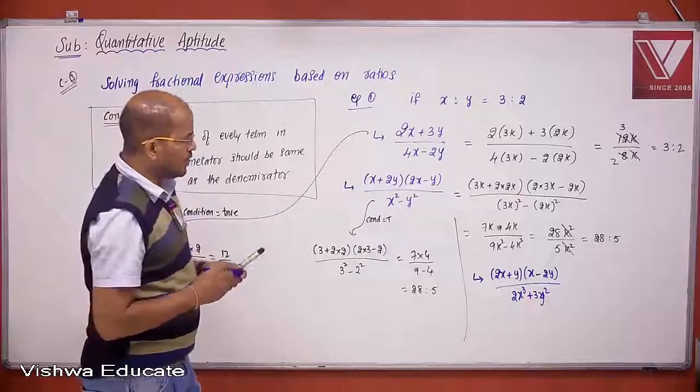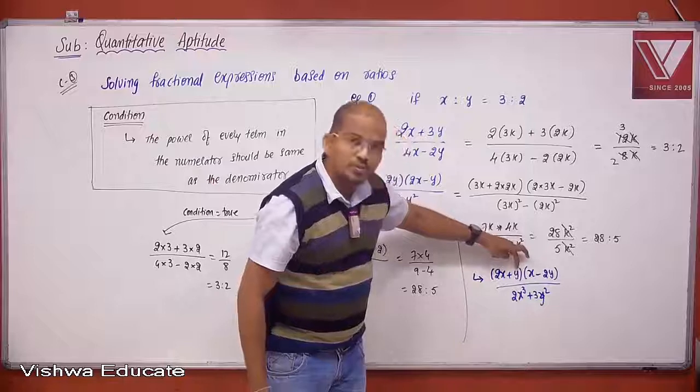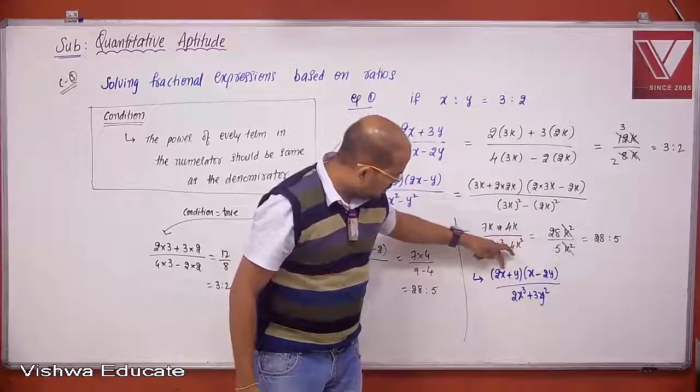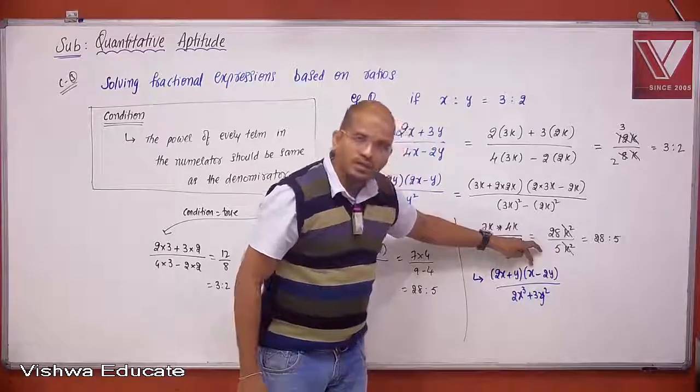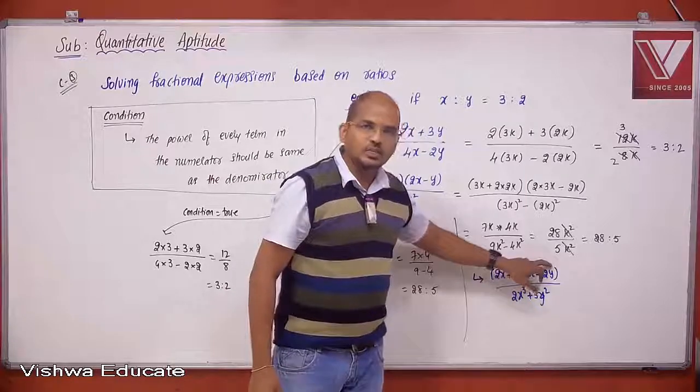Now again see here, x power is 1, y power is 1. So x into x, square, power is 2. xy, xy: x is 1, y is 1, so 1 and 1 will be 2. And y into y is y square, power is 2.